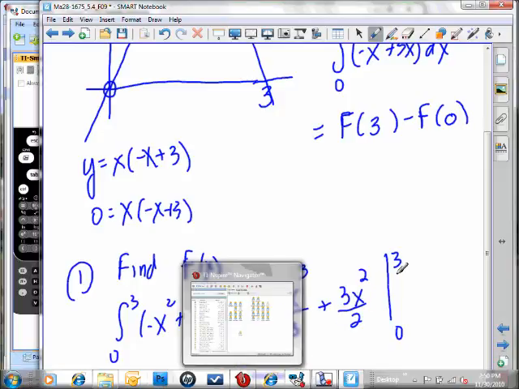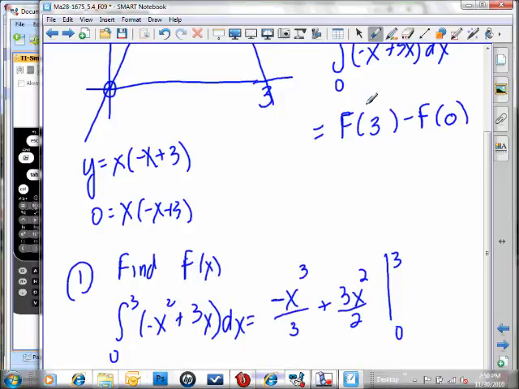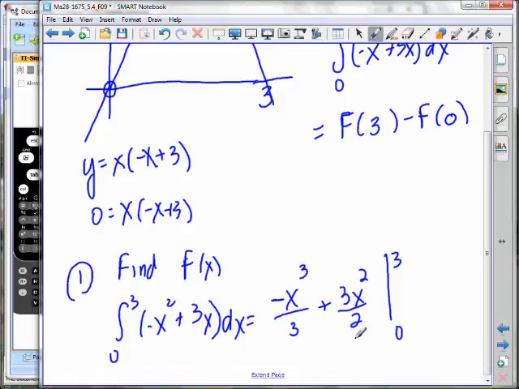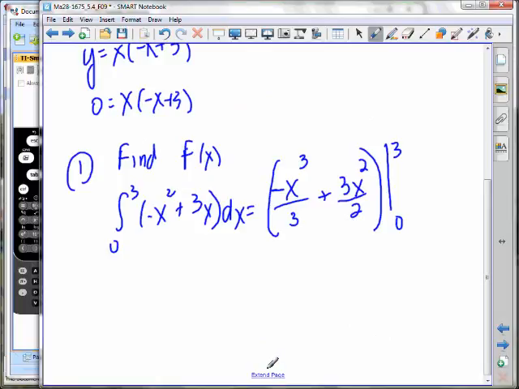Because right now it looks like I'm only going to apply that to the last term. So I'm going to have to somehow, with brackets or parentheses, enclose that. Otherwise, I'm not communicating what I need to with you. Okay, so now I need to find F of 3 minus F of 0.